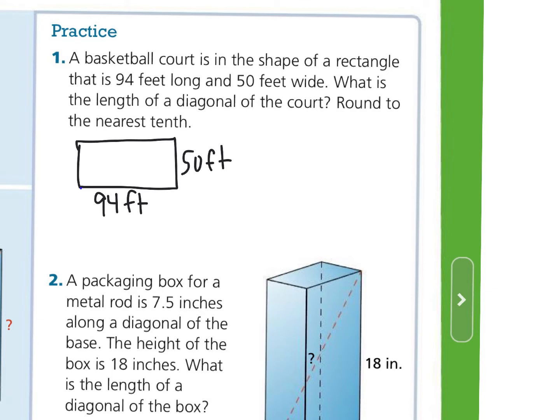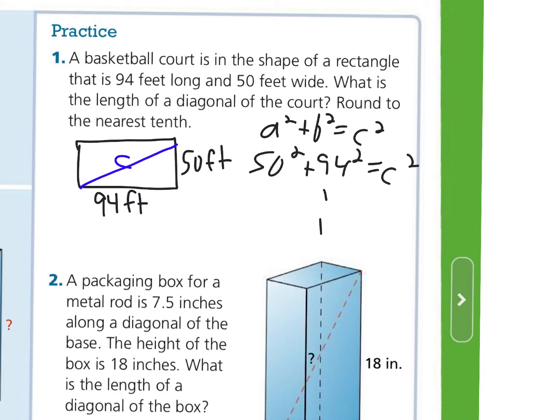And trying to find the diagonal would be our hypotenuse. That's really like the ones we've just been working out. So without working that out all the way, that should come out to be about 106.5 feet.